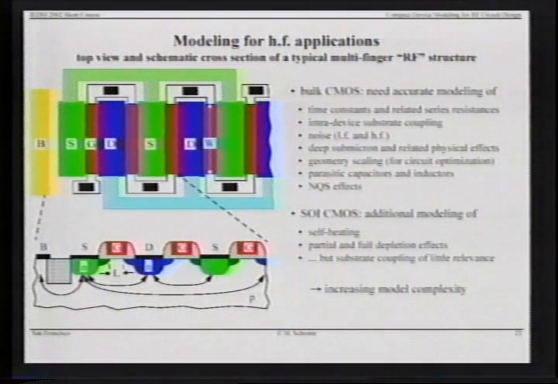In this case, for instance, we have a drain, we have the gates connected at two sides in order to lower the gate resistance. We'll talk about this. And we have to extend the geometry scaling equations of typical existing models properly in order to incorporate a bunch of effects. For instance, one of them is shown here, where we have at high frequencies strong coupling between sources and drains just through the substrate, and also coupling to the bulk, of course.